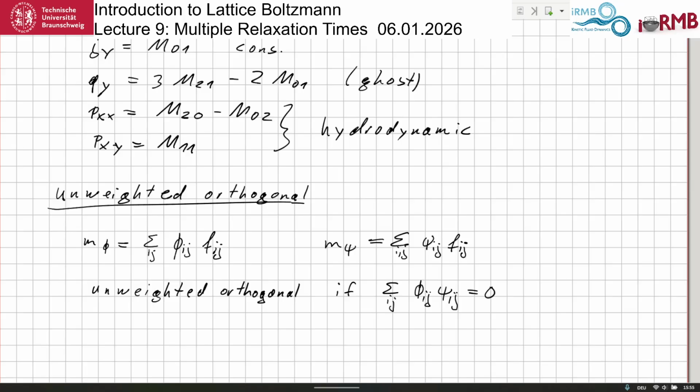The spoiler for why this is a problem is that the f's, depending on their direction, have very different values. The orthogonality that you impose by just making the matrix orthogonal, without considering that some of your data is much larger than other data, does not really cause independence.